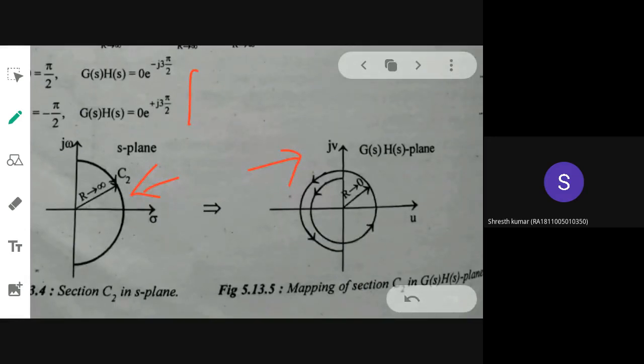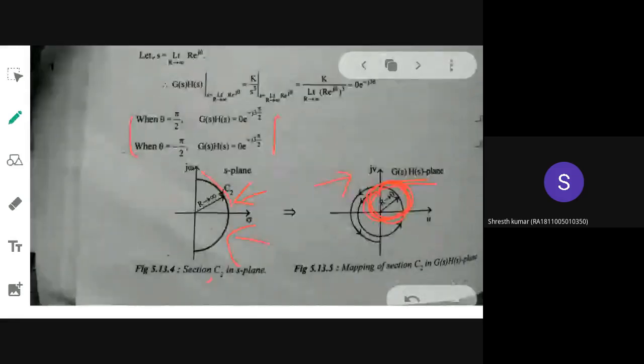If you have to draw the angle from pi by 2 to minus pi by 2, it will be like this, just one encirclement, like the original segment. But here in this case the map has a rotation from minus 270 to plus 270. So you should give 2 times encirclement like shown in the map.